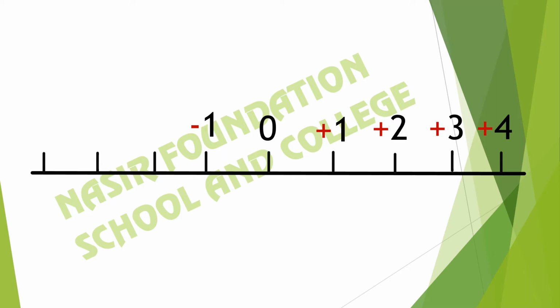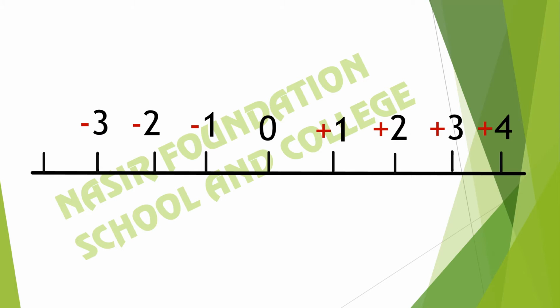We will use -1. And the next number will be 2, but we will use minus sign with it. The next number will be -2 if we move towards the left side on the number line. Then it comes -3.